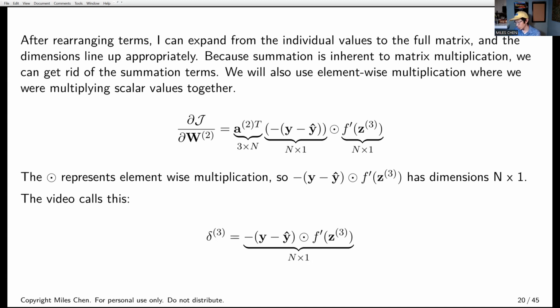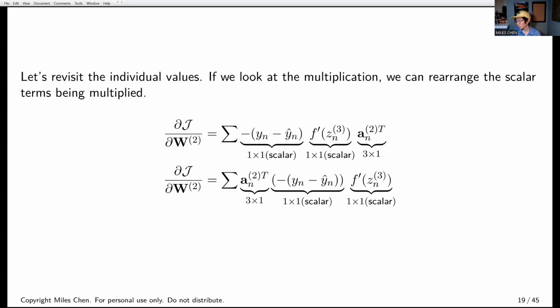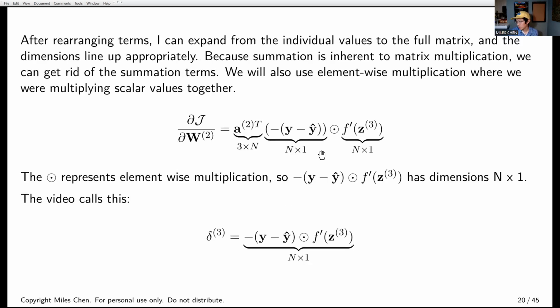We're just trying to borrow the language of matrix multiplication to multiply the nth elements together, simplifying our lives by indicating that we want to do something without having to run a for loop of summations. And that's what this is about. So this is what we have.